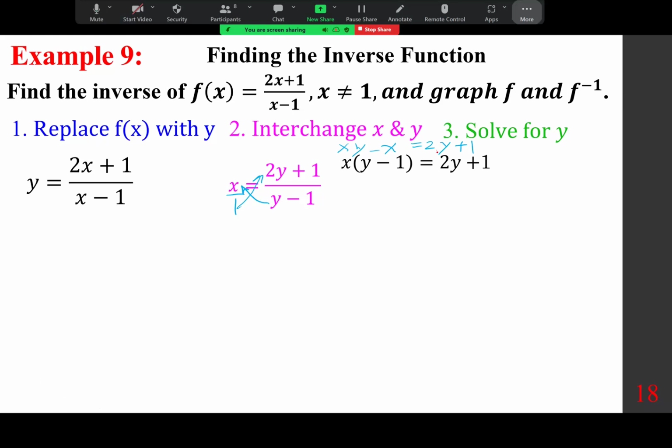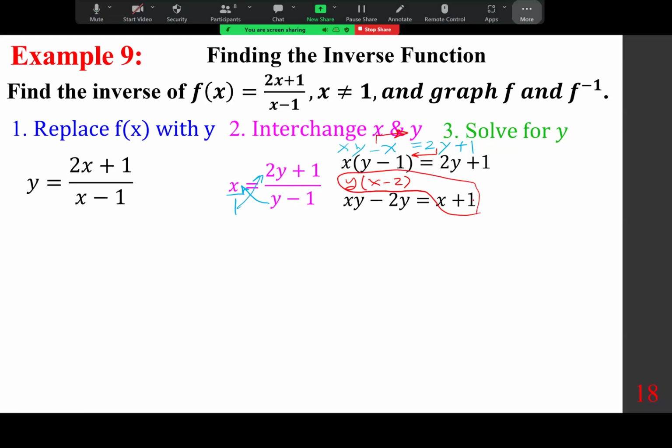So 2y goes this way, becomes negative 2y. Negative x goes to the right, becomes positive x. And we are going to factor the y out from the left side. We get y times x minus 2.